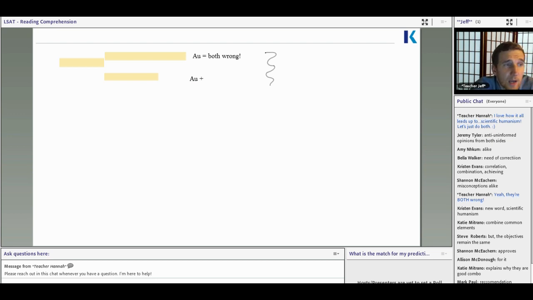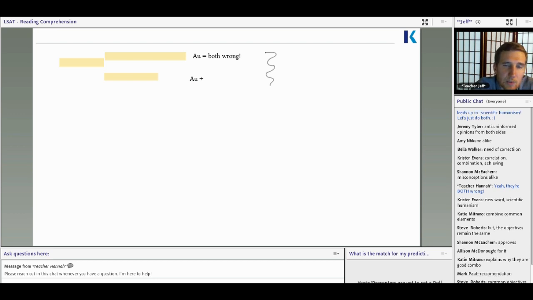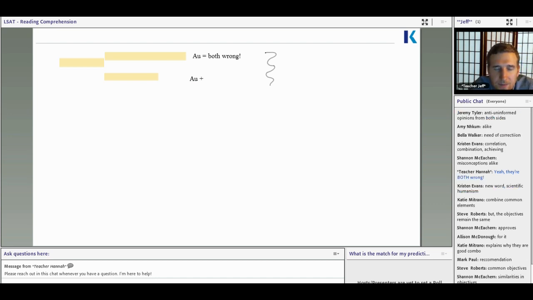Well, it's definitely a recommendation, this idea that that's what they should be doing, right? Talks about common objectives, talks about similarities, talks about differences. Okay, there's a lot of details throughout this, but what does all of this content relate back to? What is this whole chunk right there? That's all about what?